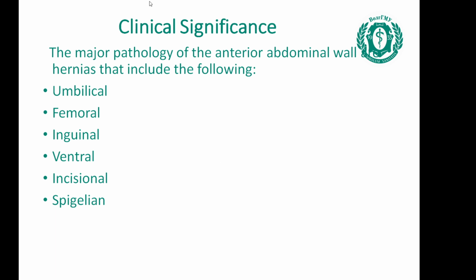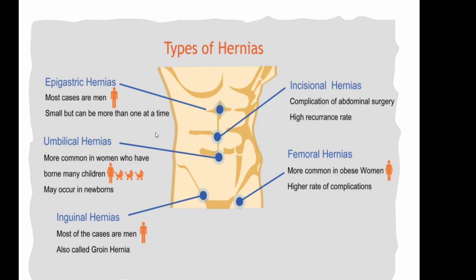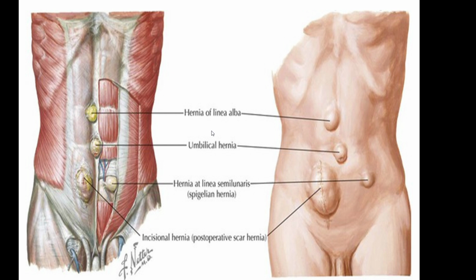And of course, the rarer type of abdominal hernia is at the Spigelian line. The points show you the sites of location of different types of abdominal hernias. Hernia of linea alba, umbilical hernia, hernia at linea semilunaris or Spigelian hernia. Incisional hernia, in other words postoperative scar hernia, is the synonym.